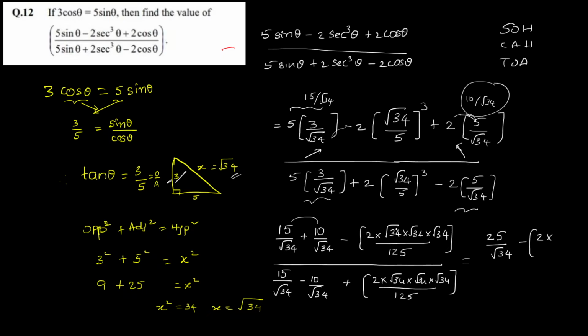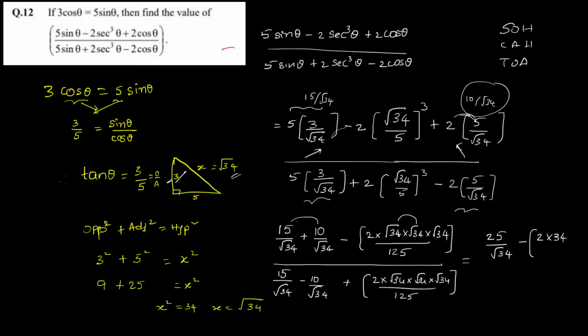so I'll write 34 into 34, root 34 into root 34 as a single 34, because root x into root x becomes root x square, and the square and square root get cancelled, leaving only x.